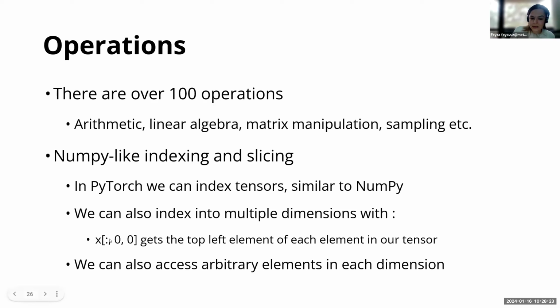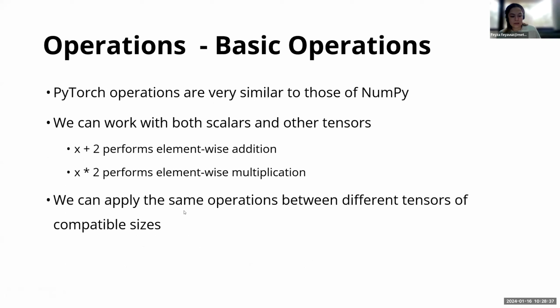We can index single elements, or we can even access arbitrary elements in each dimension. For example, let's say we have a 3-dimensional tensor. This will get the top left element of each element in our first dimension of our tensor. And PyTorch's basic arithmetic operations are very similar to NumPy, and we can work with both scalars or other tensors.